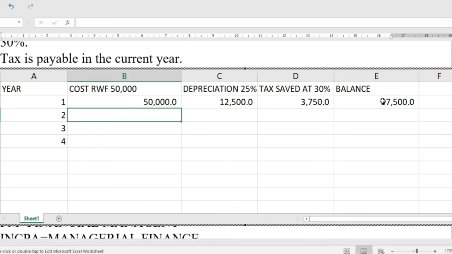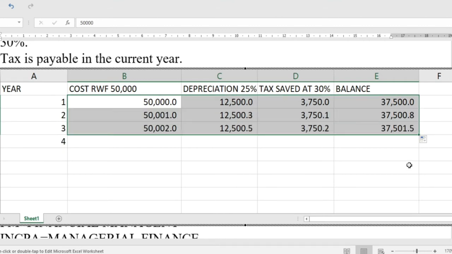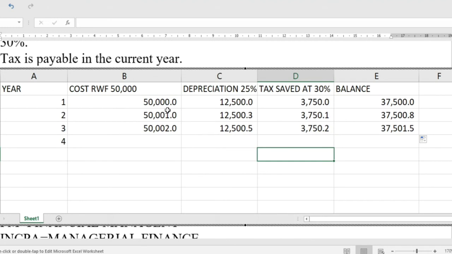I copy this amount to here. I scroll down and it is calculated automatically. This amount is at the end of this year, and the balancing will be this.